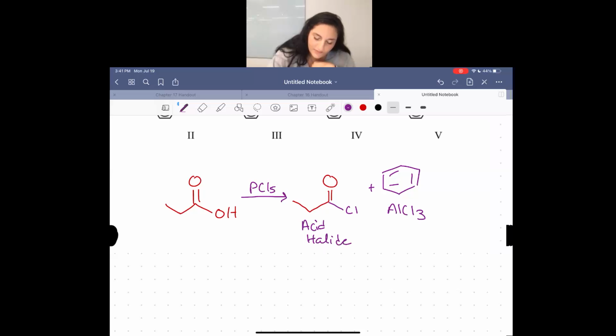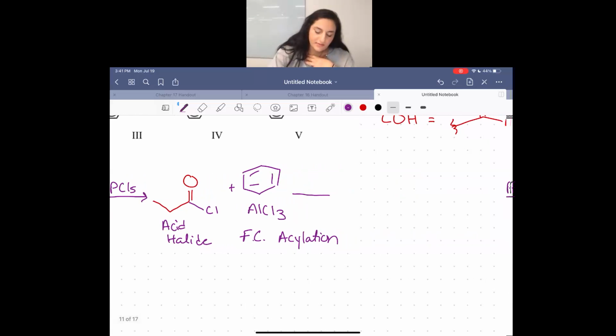So we know it's a Friedel-Crafts acylation. So all we do is add the benzene group, and we're just gonna cut this guy out and attach directly to the double bond.